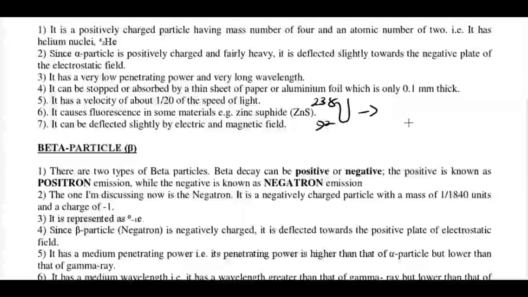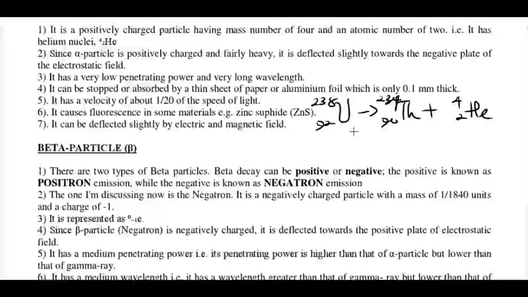So if uranium is emitting or releasing alpha particle, which is helium, thorium will be 238 minus 4, that is 234, and 92 minus 2, that is 90. So this is what we are going to have for alpha decay using uranium and thorium.